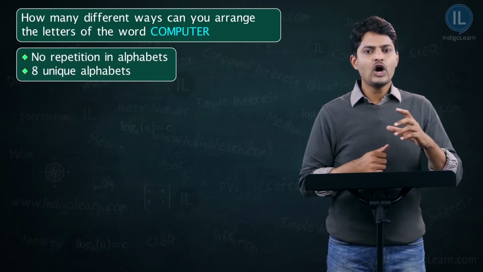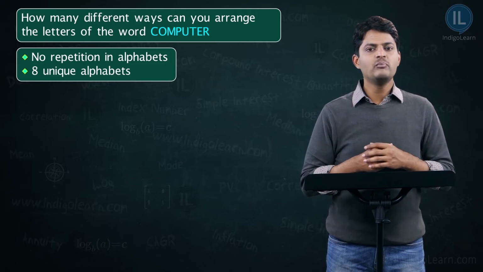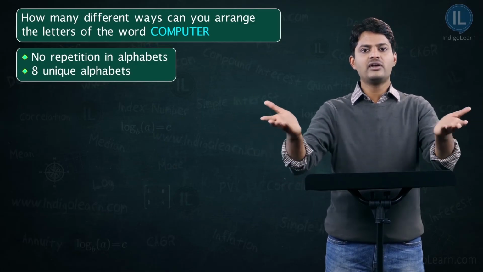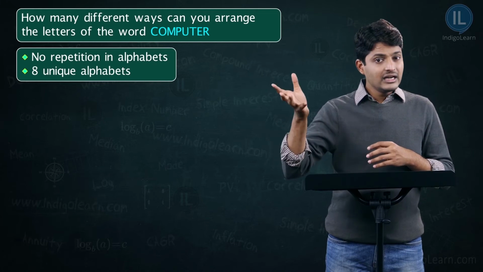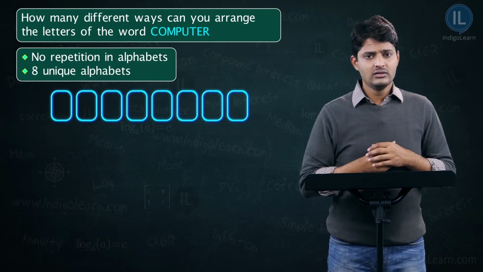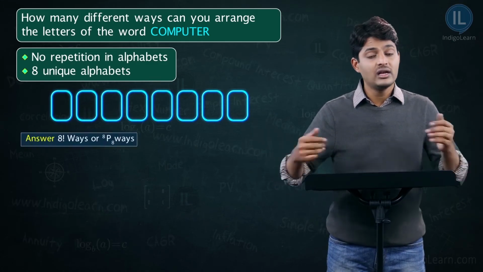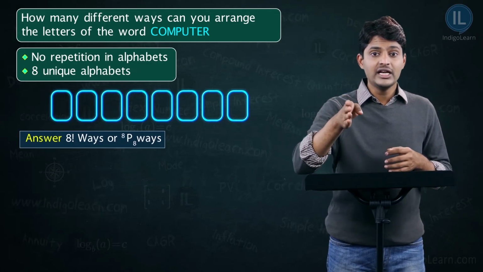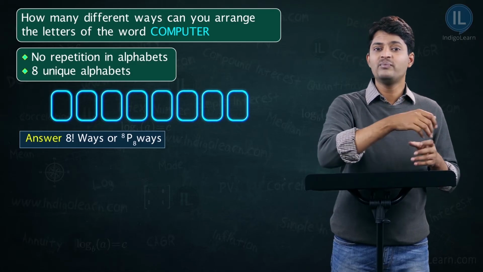Now if my question is, in how many different ways can you arrange the letters of the word computer, then effectively I am asking you to take 8 different seats and try to arrange these 8 different people in those seats. How many ways can you do it? So your answer automatically by now would be 8 factorial, or 8p8, or 8 into 7 into 6 into 5 into 4 into 3 into 2 into 1, right?